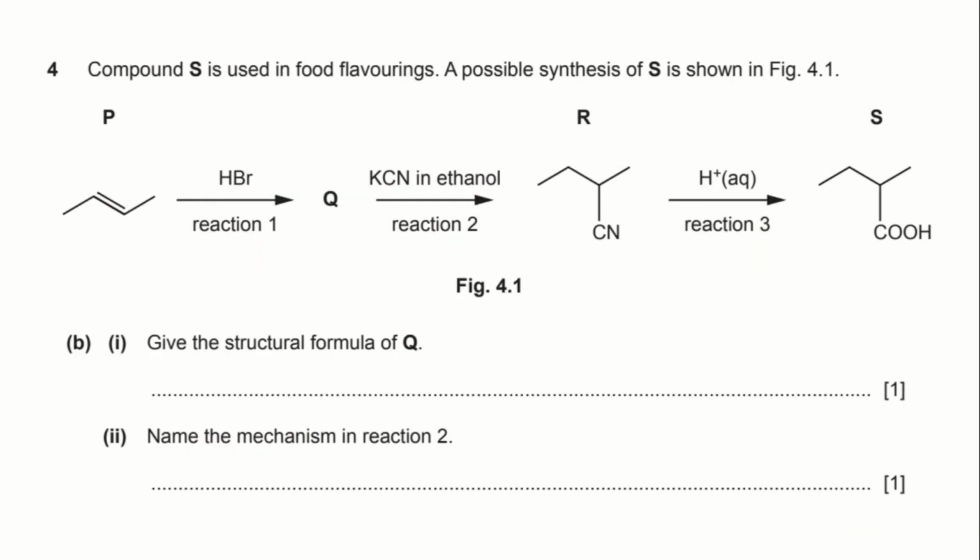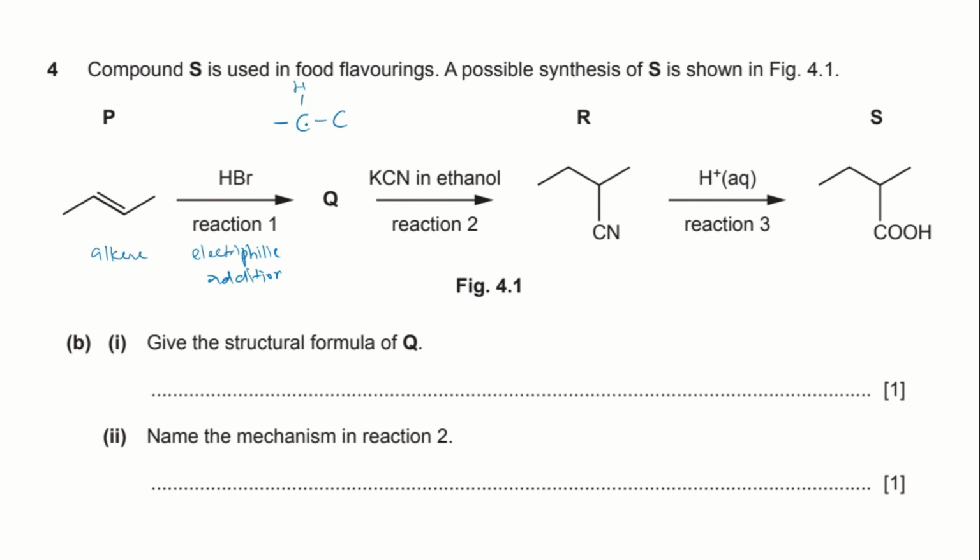B, we will give the structural formula of Q. So starting from P, an alkene, reacting with HBr. So this is electrophilic addition reaction. Q will be an alkane.